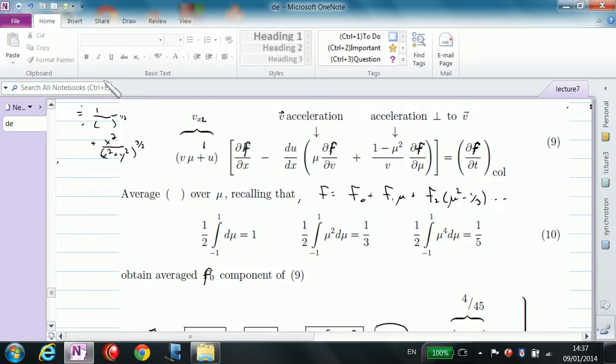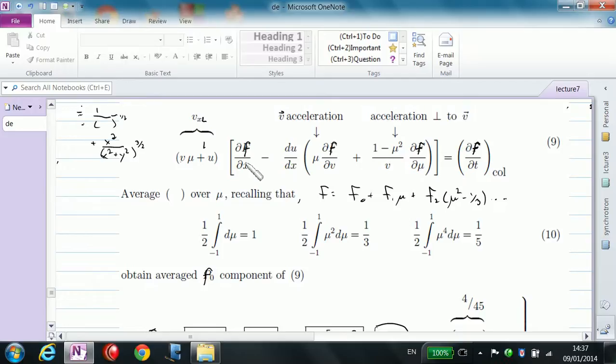Okay, I actually went over this yesterday. First of all, why should there be an anisotropy caused by a spatial gradient? It's because more particles are coming in from the left at a given velocity than are coming in from the right at the same velocity.